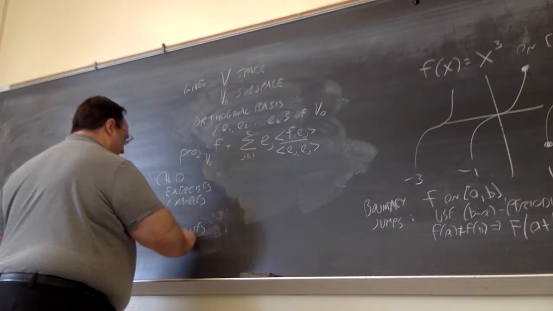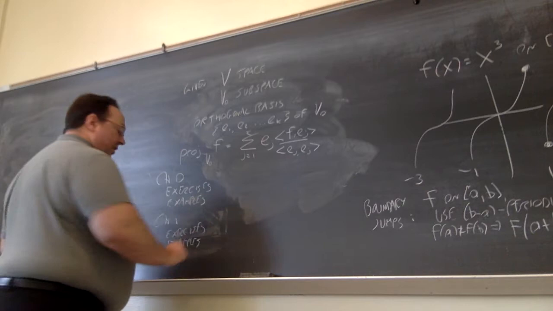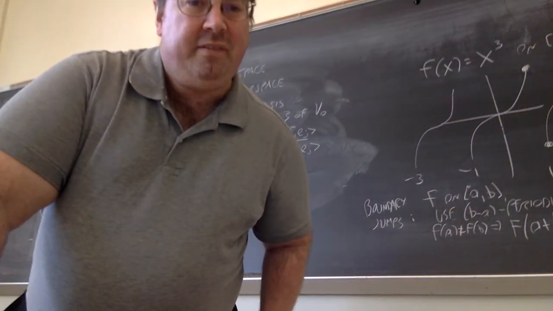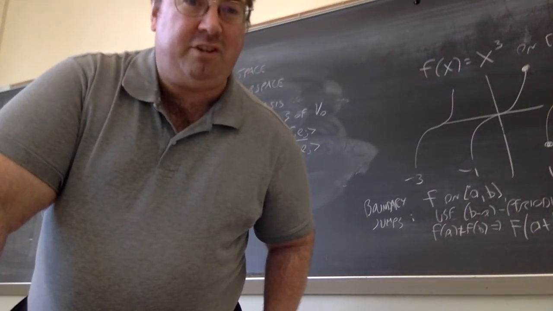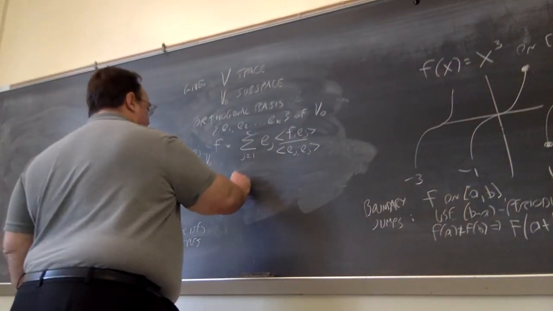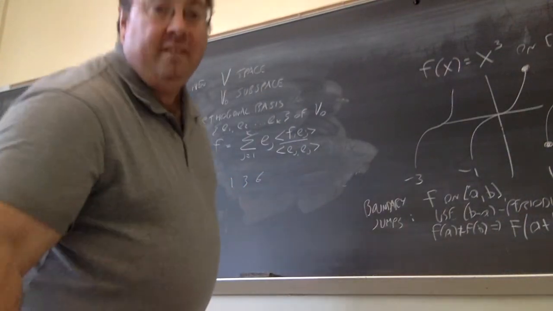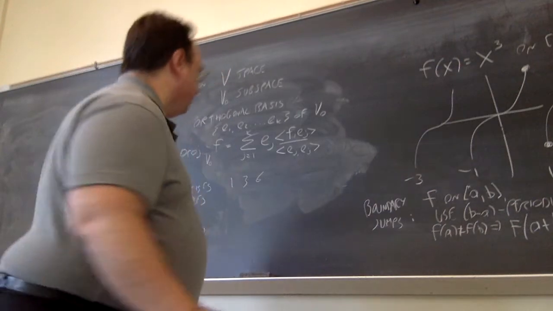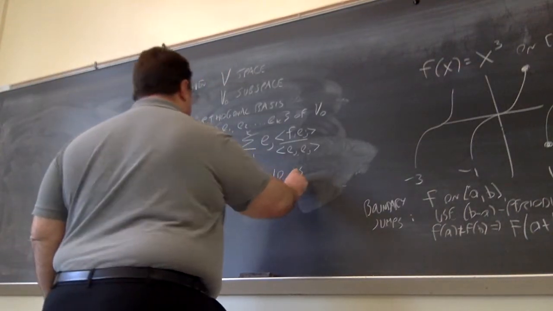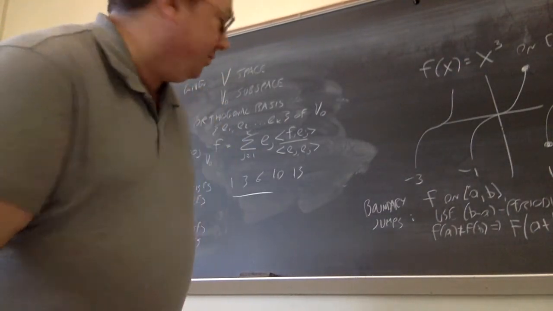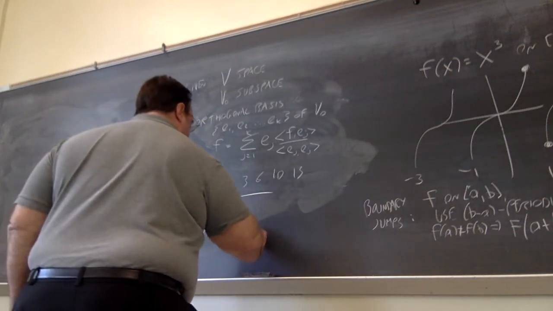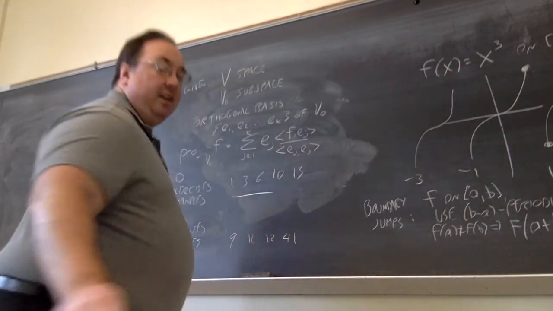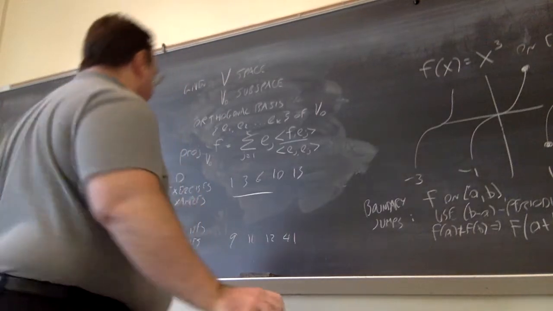This is why I took 2 photos. Actually, from chapter 0 there are only 1, 3, 6, 10, and 13. And then 9, 11, 12, 41, and exercises 19 and 33.